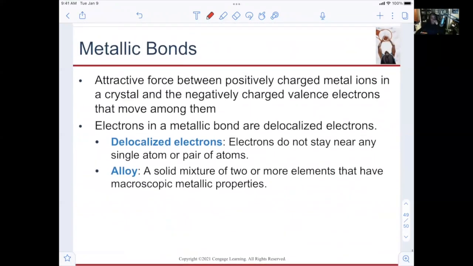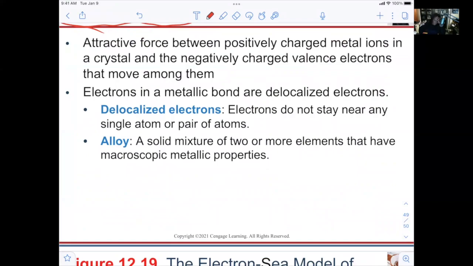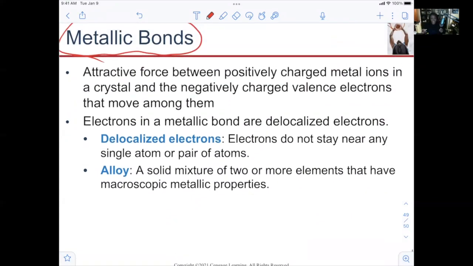Yay. Okay, metallic bonds. It's been a while since I talked about bonds, because I started in the other chapter, or in the other video. We talked about ionic and molecular bonds before. Now we're talking about bonds formed between elements, in this case metals, that are both large.